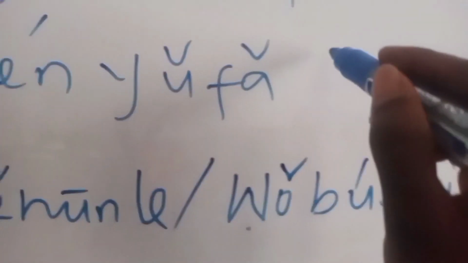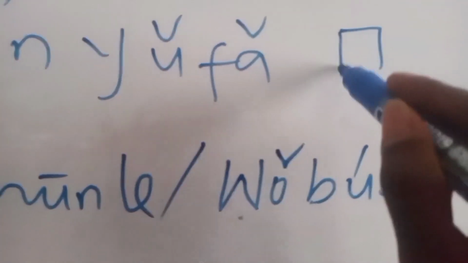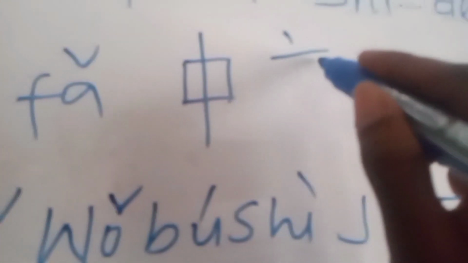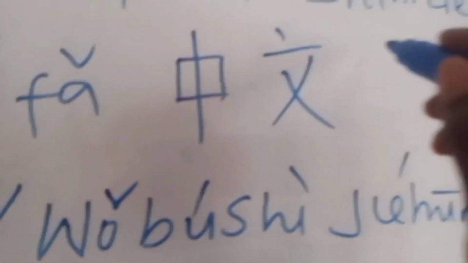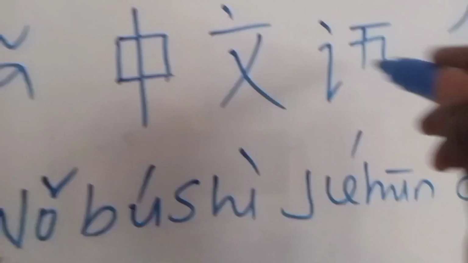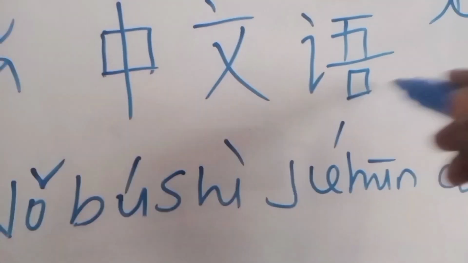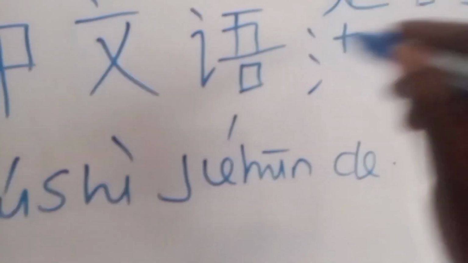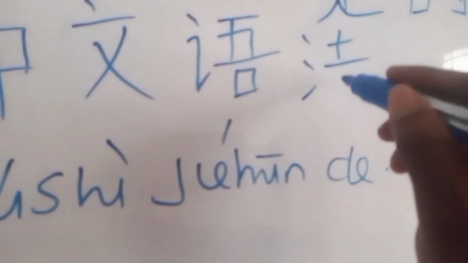Zhong Wen Yu Fa. This is Zhong, Wen, Yu, Fa. This is Shi for 10.